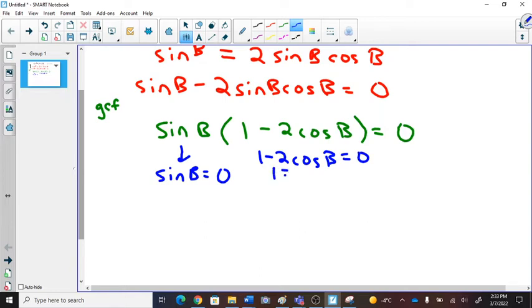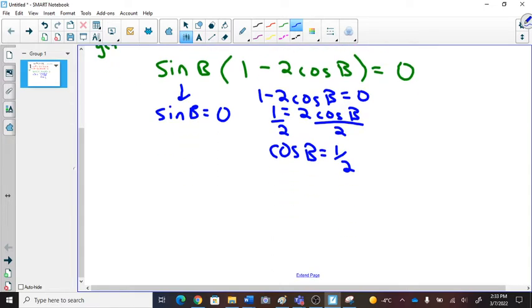So 1 equals 2 cos. Literally the first step that we did was the only new thing. Everything else, you know how to factor to solve.